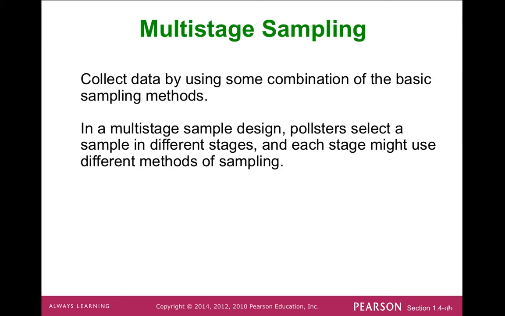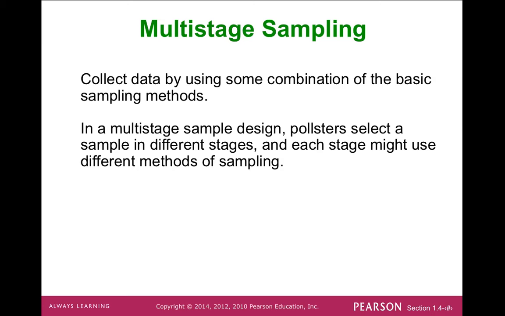So in a multi-stage sample design, you might select a different type of method for sampling at different stages within your process. So for instance, again, going back to the election example, during early polling, you may choose one way to do it, and at a later stage, you may choose to use a different method of sampling.